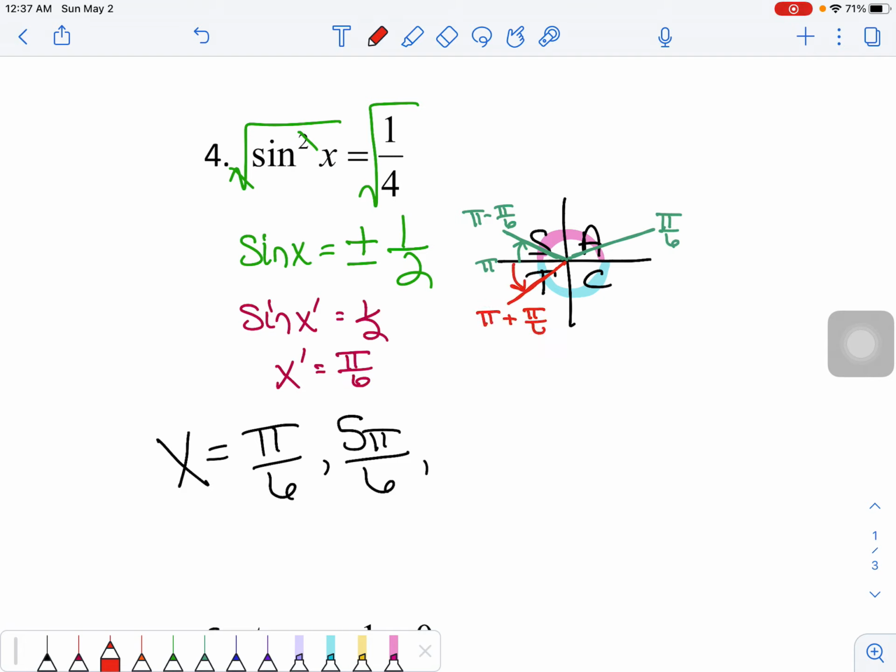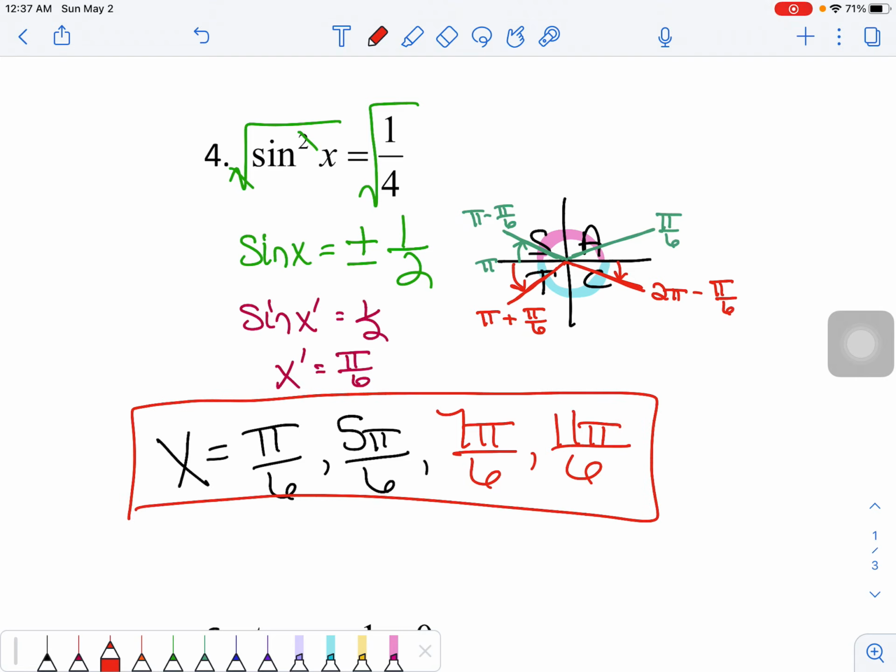So we're going to take pi plus pi over 6. And this is the first time we've seen something in quadrant 4. This is going to be 2 pi minus, because we're trying to pull back off the x-axis here. So we're going to do 2 pi minus pi over 6. So those two answers would be 7 pi over 6 and 11 pi over 6.